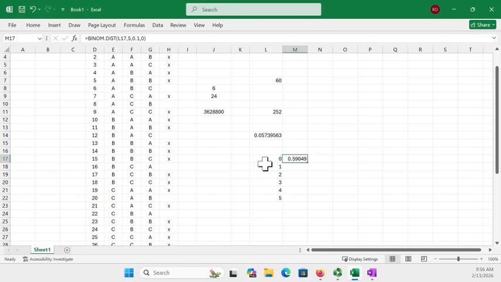So if the probability of success is 10%, the probability that I have no successes is 0.59. If I copy this down, the probability of one success is 0.33, then 2 successes, 3 successes, 4 successes, etc.